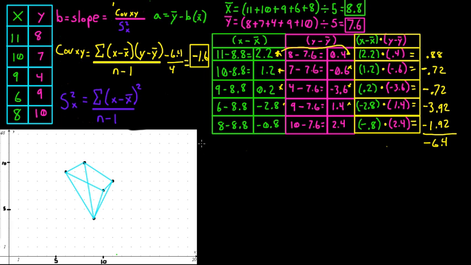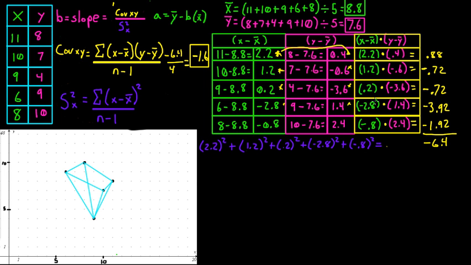And so what we do is we say 2.2 squared plus 1.2 squared plus 0.2 squared plus negative 2.8 squared plus a negative 0.8 squared.